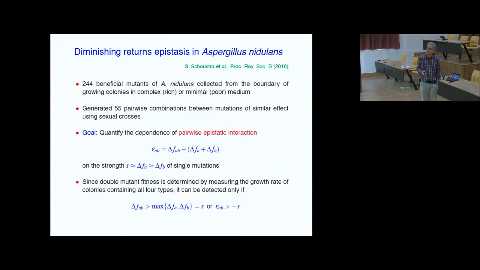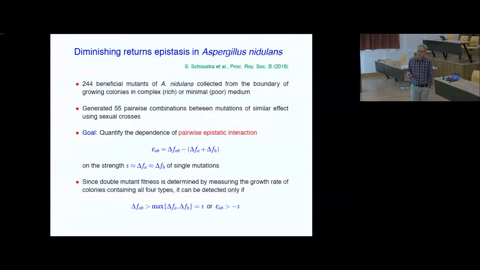So we can basically look at this quantity as a function of the single mutation strength. Now there is a technical problem in the assay that Simon used. After having mixed the types, he had a sample containing all 4 types, so he couldn't really measure the double mutant fitness by itself, and he could only detect it if the double mutant fitness was larger than the 2 single mutant fitnesses.